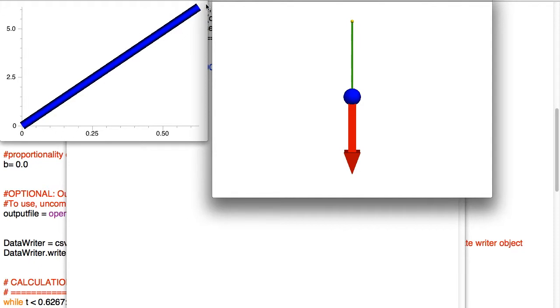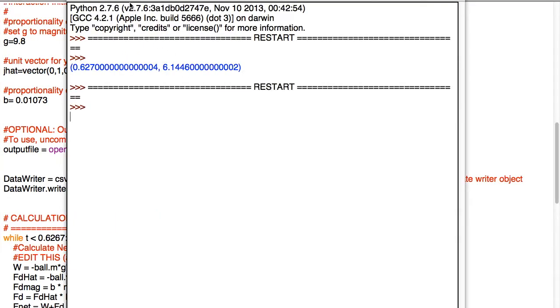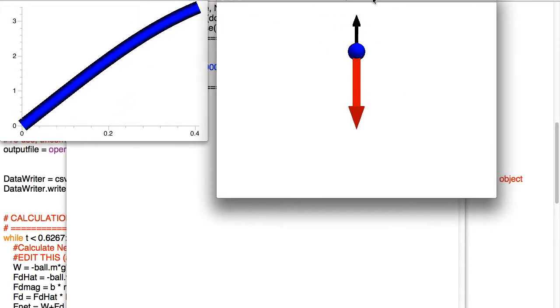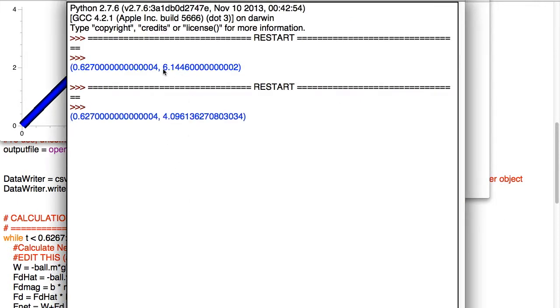Next, we'll take a look at the forces of gravity and drag put together, and we will see that the velocity actually starts to trail off over time and not continue into infinity. If we compare the two results of these graphs, we'll see that both the graphs look different, and also the final velocity over time is much smaller for the second, showing that there is an approach to terminal velocity.